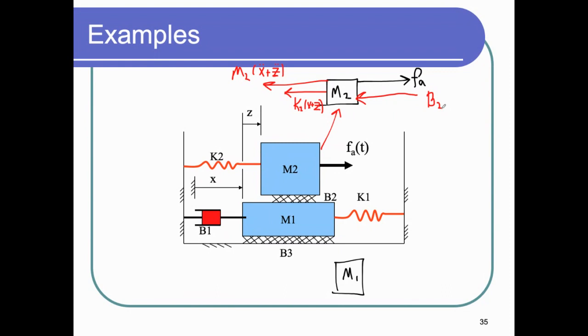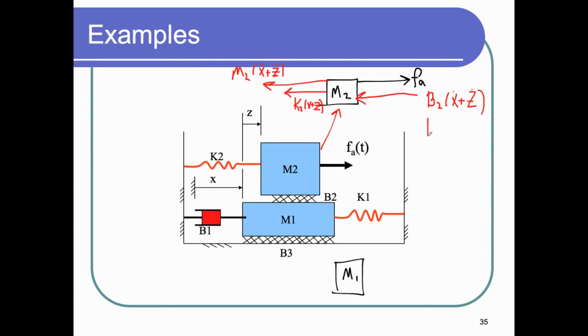It will be B2 multiplied by x dot plus z dot. Is it? Doctor, I believe it's only z dot.